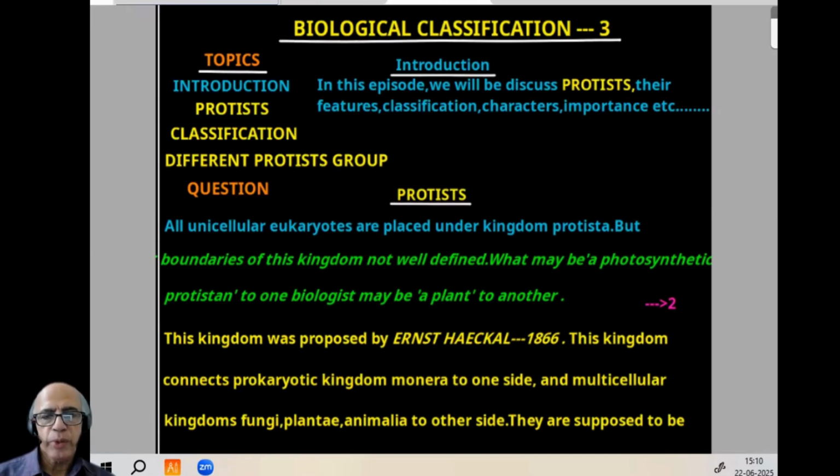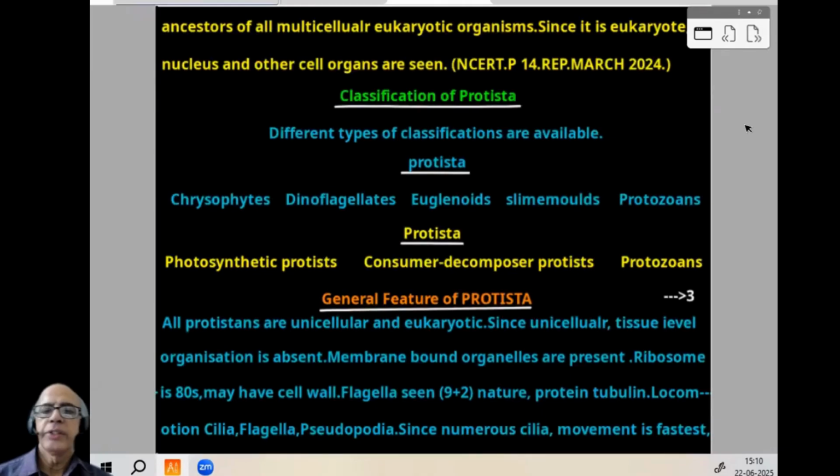Now, this kingdom was proposed by Ernst Haeckel in 1866, which you studied in Whittaker classification. This kingdom connects prokaryotic kingdom Monera on one side, and multicellular kingdom Fungi, Plantae, Animalia on the other side. They are supposed to be ancestors of all multicellular eukaryotic organisms. Since it is eukaryote, nucleus and other cell organelles are seen.